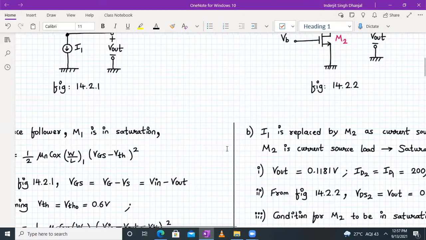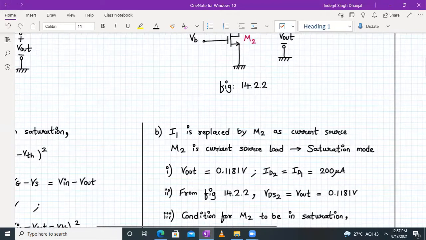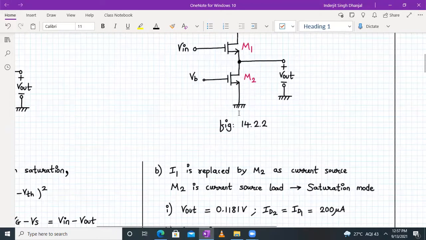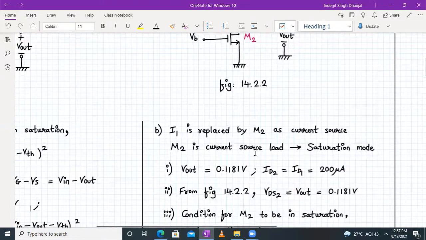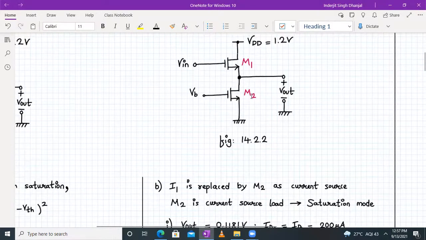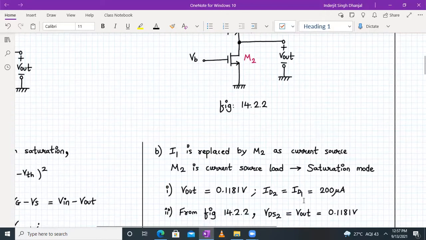Fine. And now, since we have replaced this current source with a MOSFET, the VDS2 for the second transistor M2 will be same as V out. So VDS2 will be 0.1181 volt.